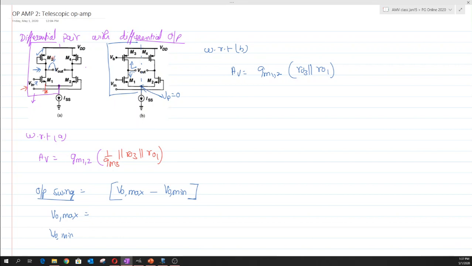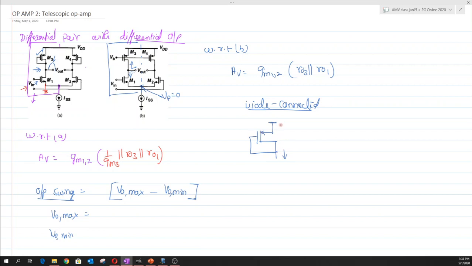We know that a diode connected configuration in general will have only two regions of operation, and one could relate the two regions of operation by looking at the current.